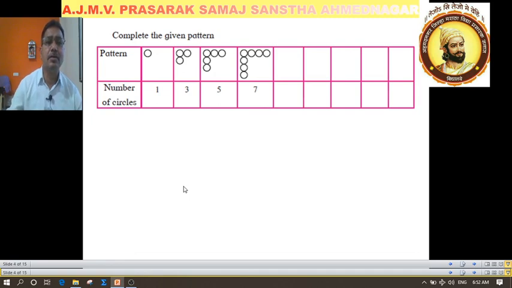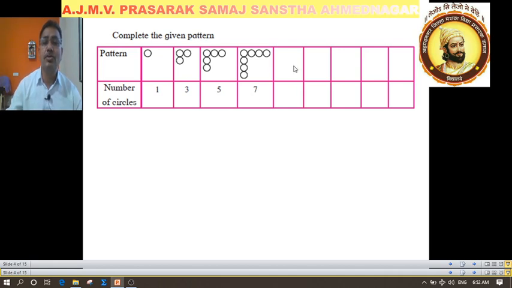Consider the pattern of number of circles. In the first rectangle there is 1 circle. In the second rectangle there are 3 circles, then 5 circles, 7 circles. So see here, in each rectangle the circles exceed by 2: 1 plus 2 is 3, 3 plus 2 is 5, 5 plus 2 is 7.